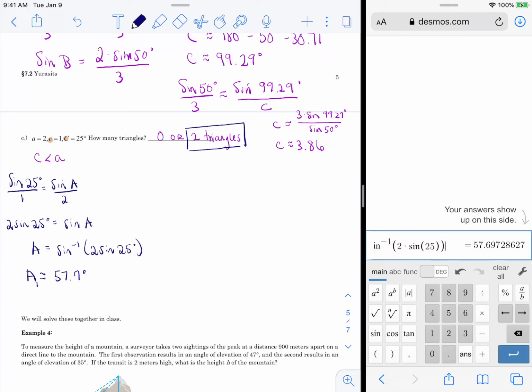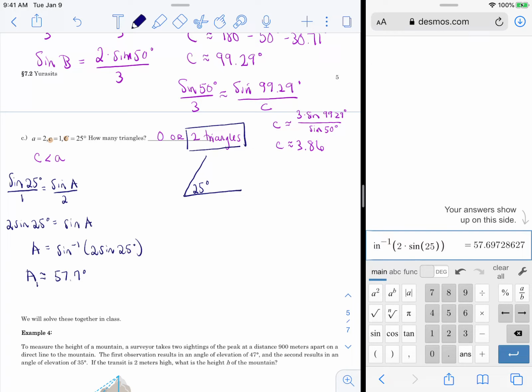Visually, what is happening, I'm going to draw it on my paper, but I'm going to have to erase it since I won't have enough space to solve. So you might want to sketch this somewhere else, or maybe you're better at writing smaller than me. To give you a visual, here's your 25 degrees.